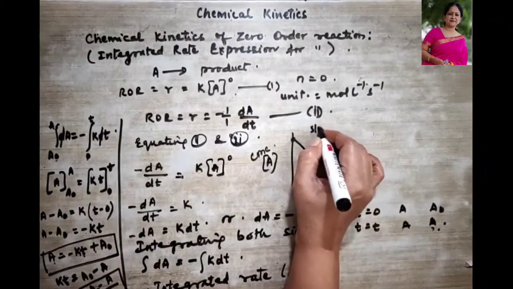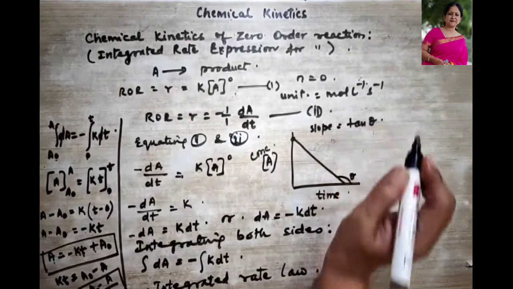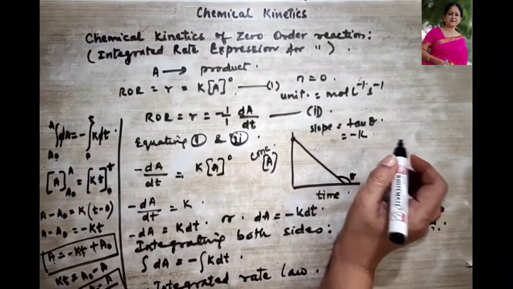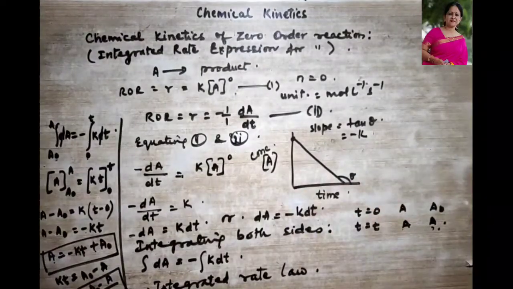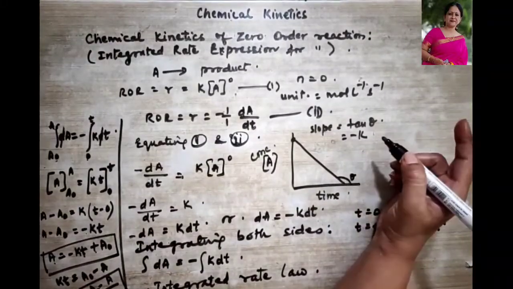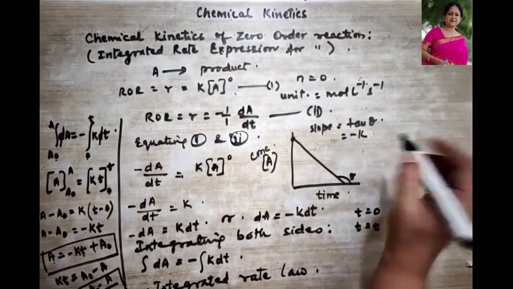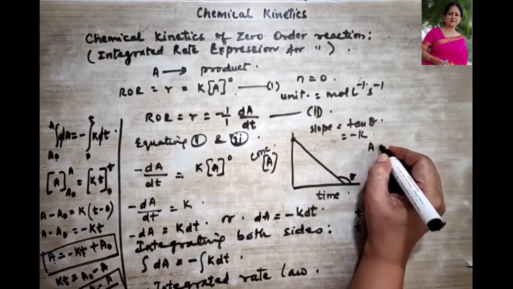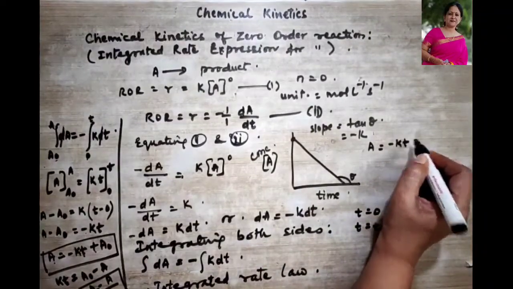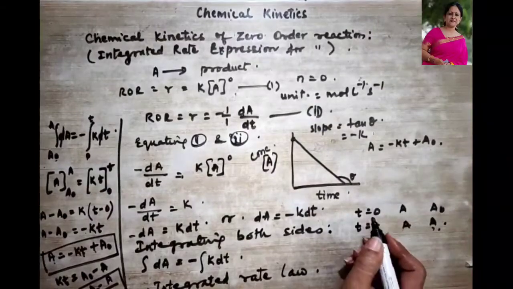So we know that slope is equal to tan theta. So this will be equal to minus k, right? Now let us see that it is a straight line. How do we check this? You already know the equation y is equal to mx plus c. So let's see, A is equal to, what did I write over here? Minus kt plus A naught.